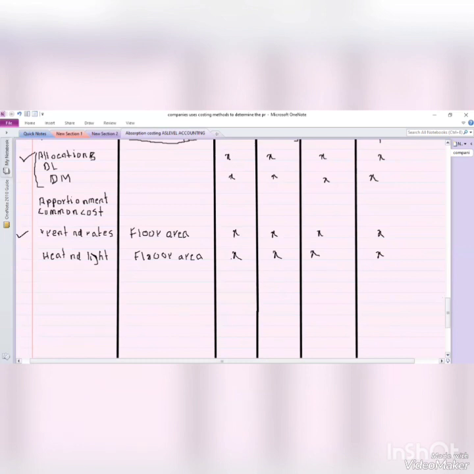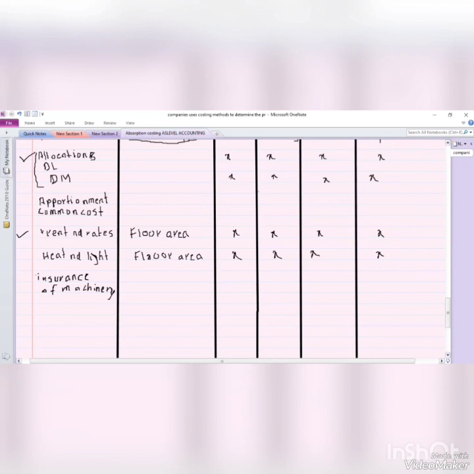Okay, so if you have insurance of machinery in your question as a fixed overhead, we know that this is our fixed overhead cost, and there is a lot of machinery that may be used by different departments.